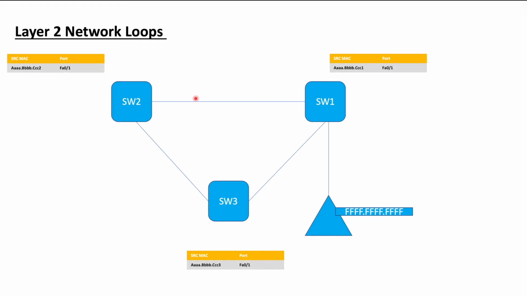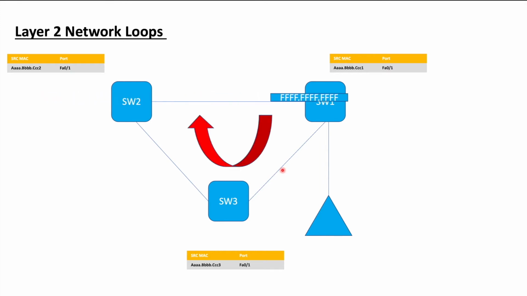One packet went this side, the other went this side. If we consider the second flow where the packet went to switch 3, it will also keep on forwarding on the ports where the broadcast packet was not received, and eventually this will also cause a loop in the clockwise direction. So this single packet has caused two loops in this network, one clockwise, one anti-clockwise.